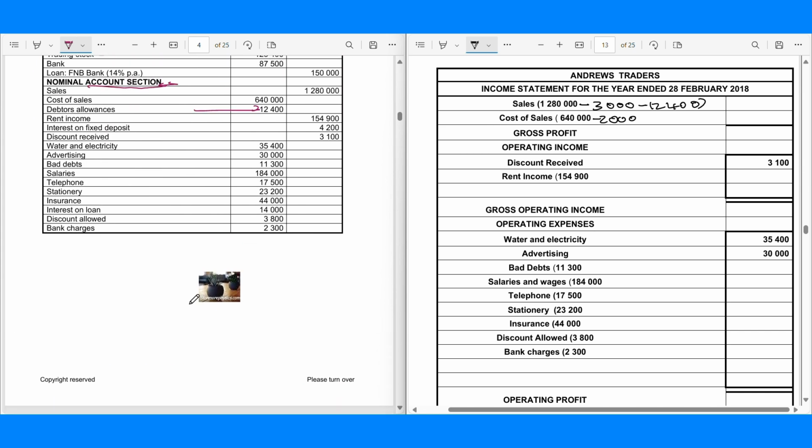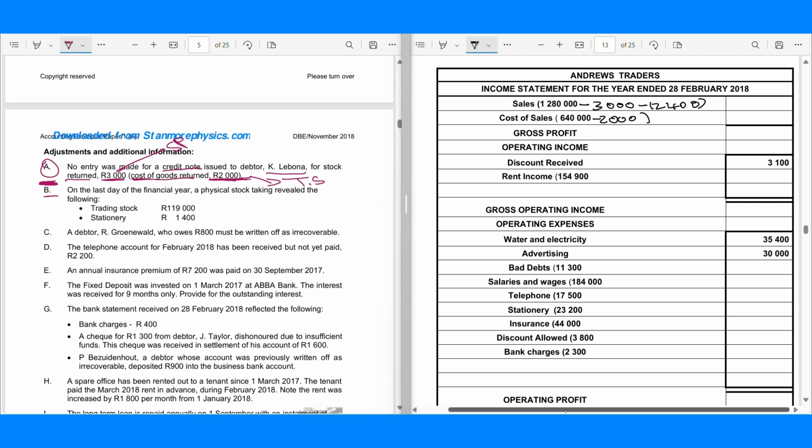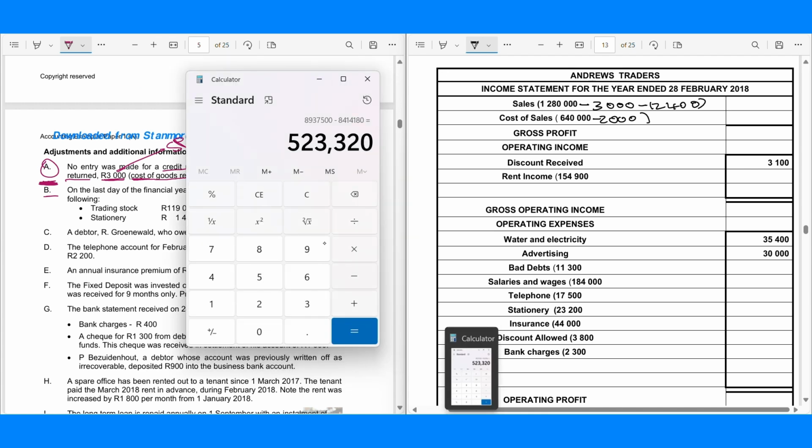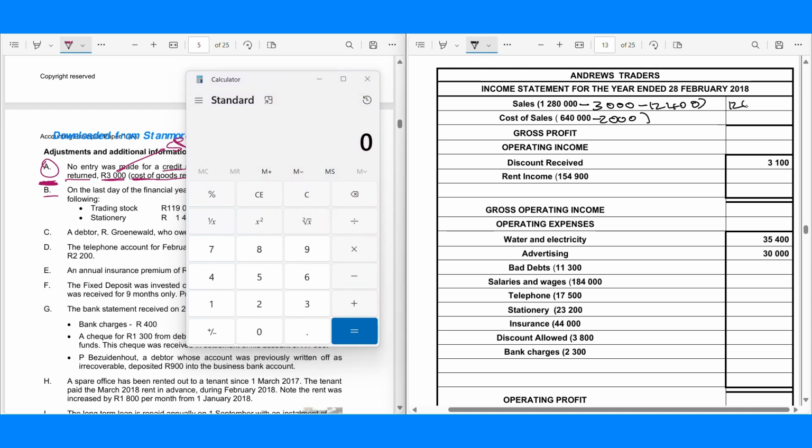So now let's put it in a calculator and see. Let's get our answers for sales. The answer for this will be 1,264,600.